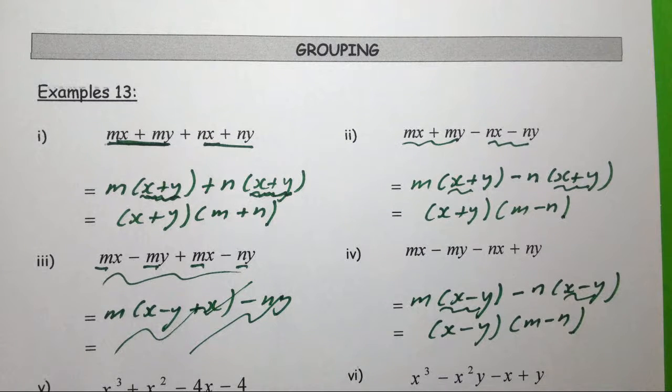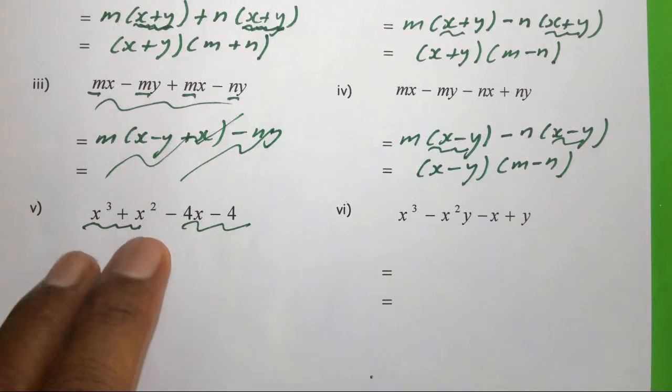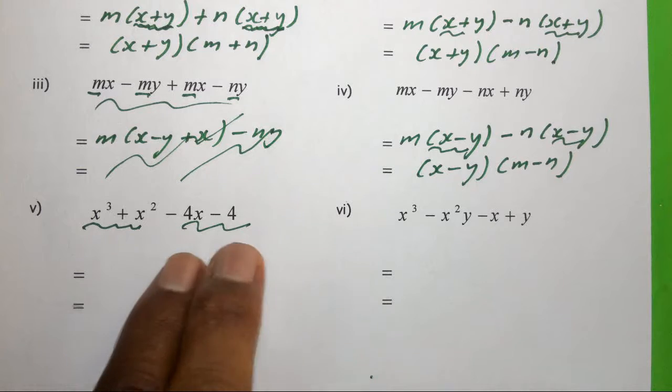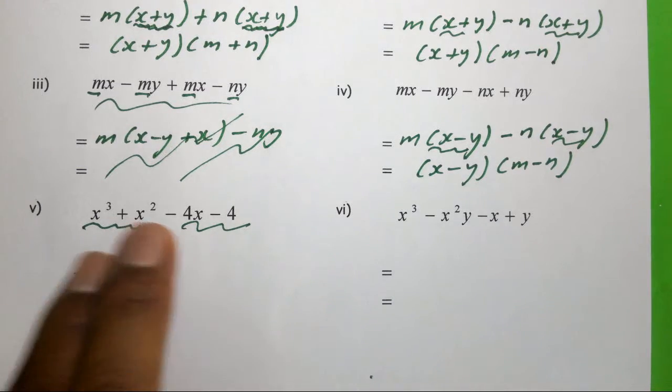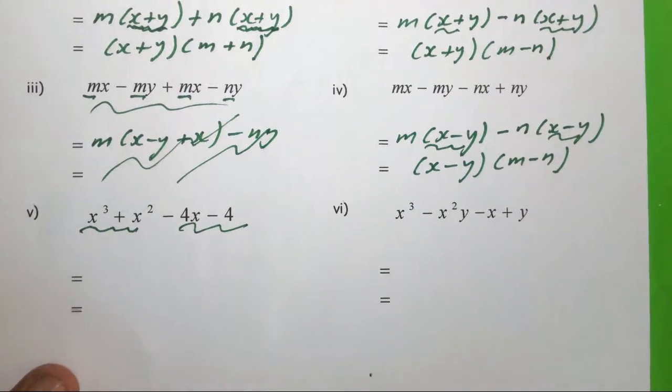Okay. What about the 5th example? Remember, it's not necessarily meaning that in grouping I take the common factor from the first 2 terms and the last 2 terms. That's not necessary. For the purpose of this example, yes, it worked that there's the first 2 terms and the last 2 terms.